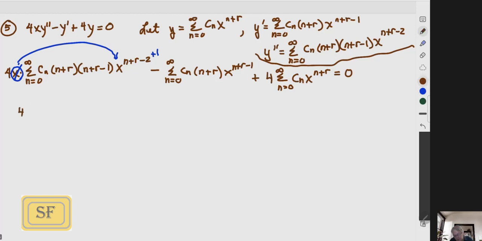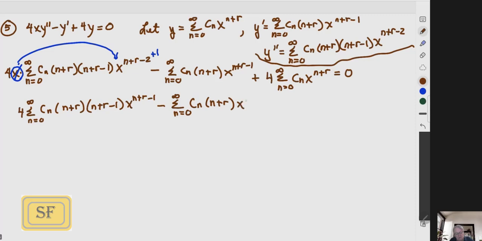This first term becomes the sum n goes from 0 to infinity c sub n times m plus r times m plus r minus 1 times x to the m plus r minus 1. My other two terms I just copy. Minus sum n goes from 0 to infinity c sub n times m plus r times x to the m plus r minus 1 plus 4 times sum n goes from 0 to infinity c sub n x to the m plus r equals 0.